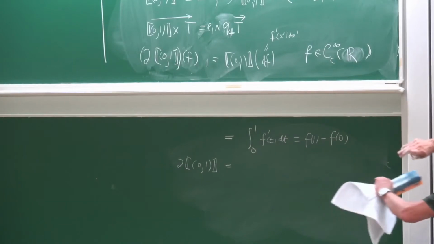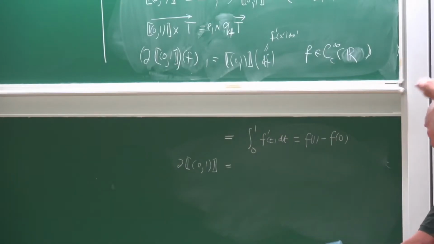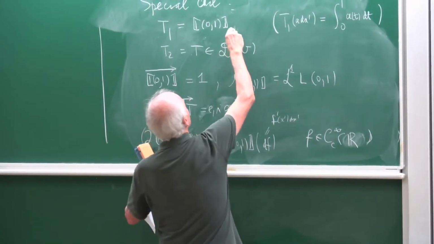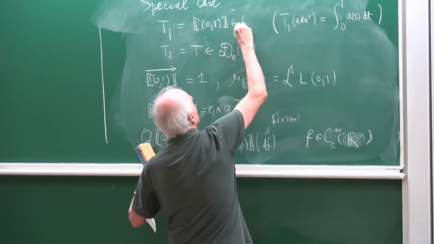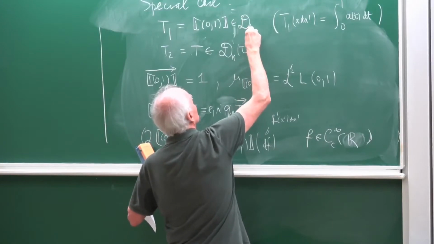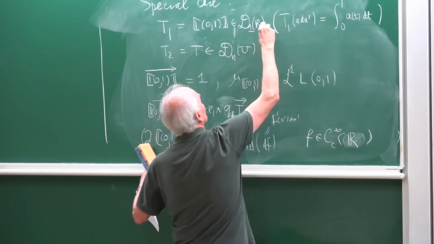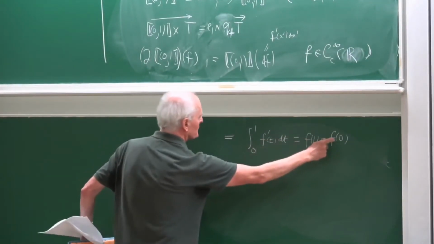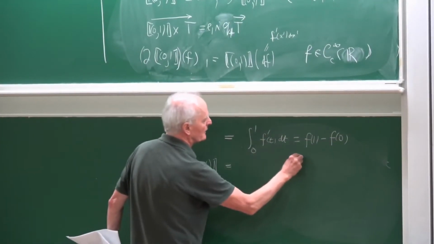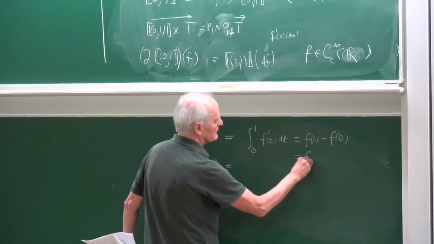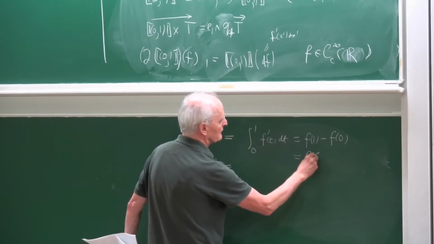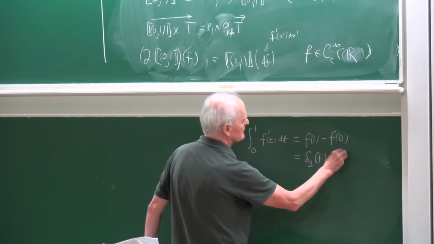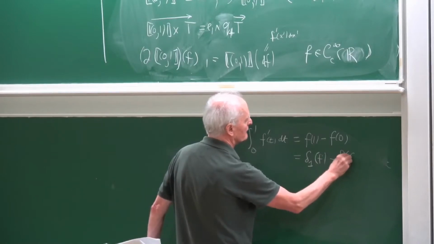This 0, 1 is a current on all of R. So it's a one-dimensional current on all of R. It just picks out the values at the endpoints, but that's the Dirac delta. The Dirac delta function at 1 of f minus the Dirac delta function at 0 of f.